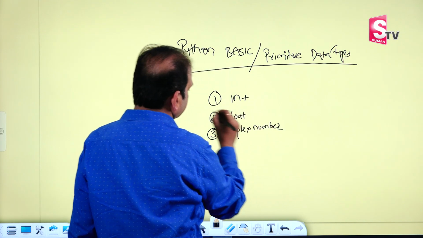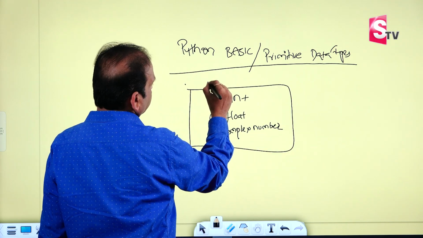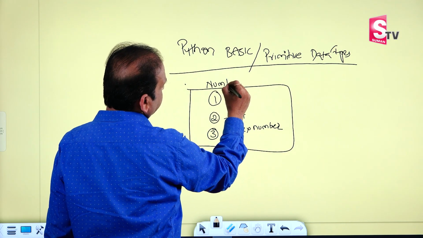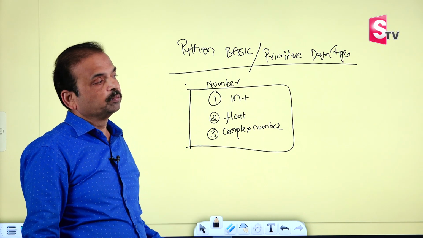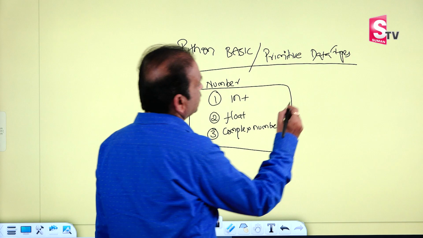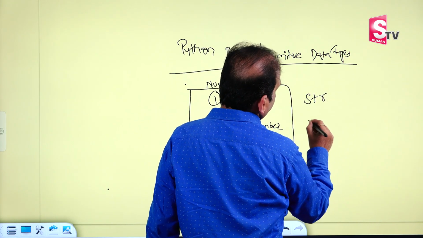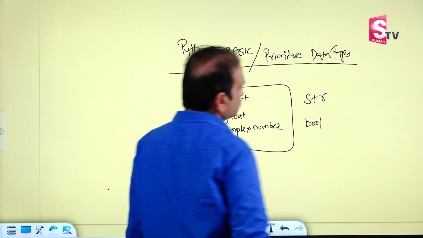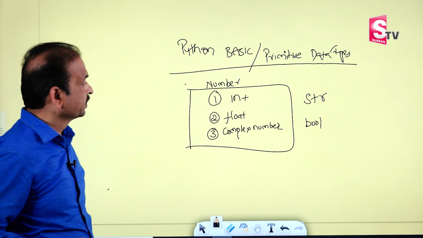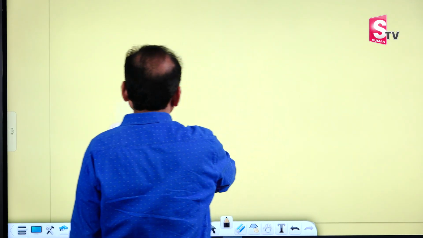So these three come under number: int, float, and complex. Other than number, we have str, and also bool. So these are the data types. We understand what is data and what are the basic data types.